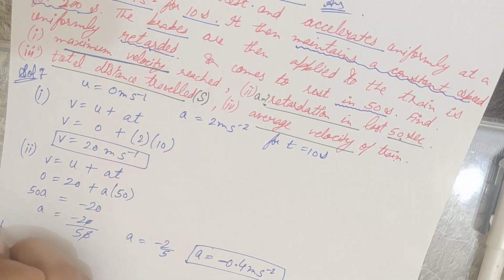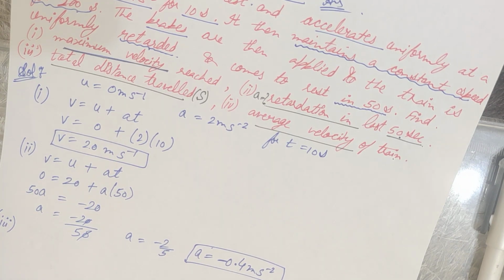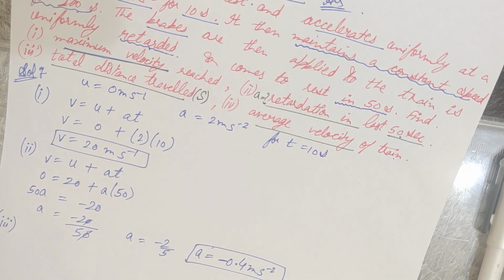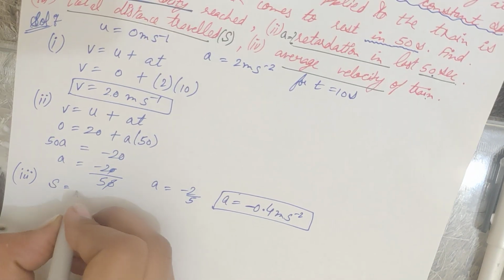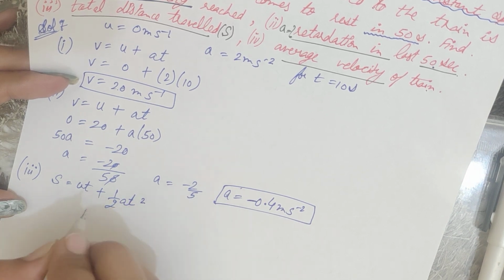Then the third is the total distance traveled. How will we find it? This is the very main part. We need to find the distance for the different positions and places. Firstly, we use the formula S is equal to ut plus half at square.